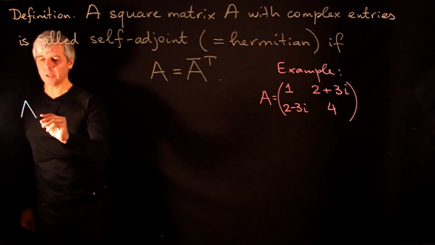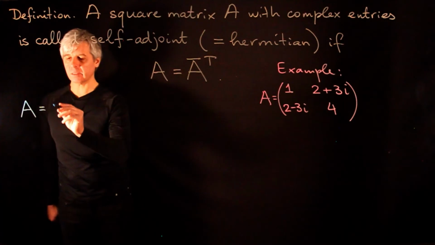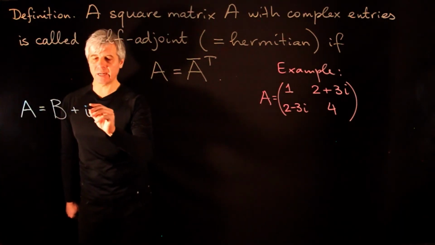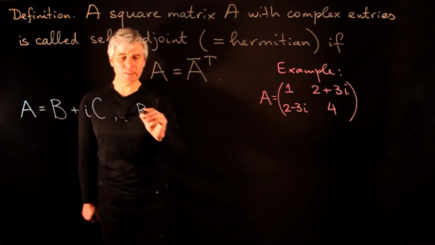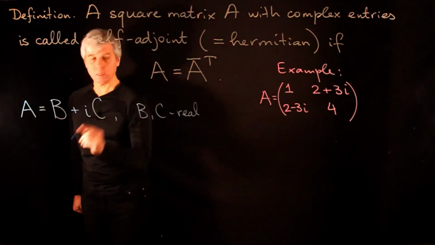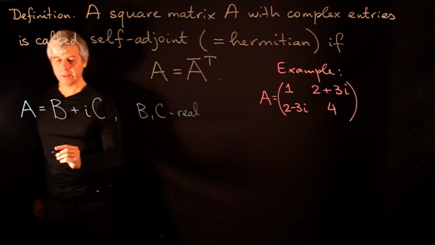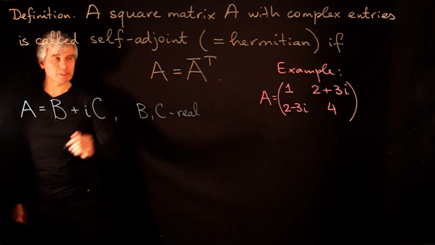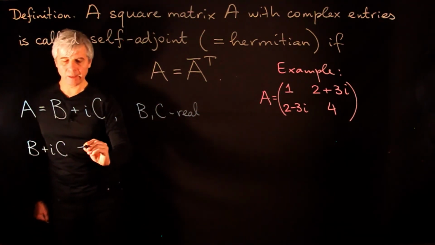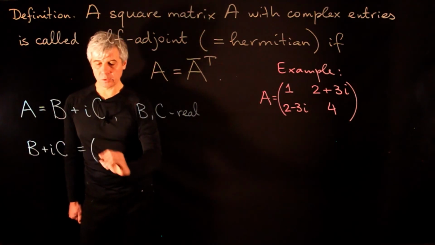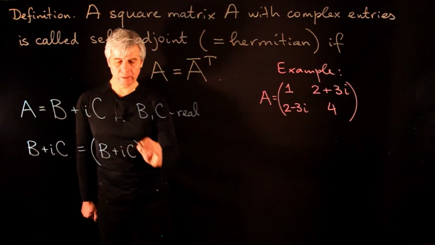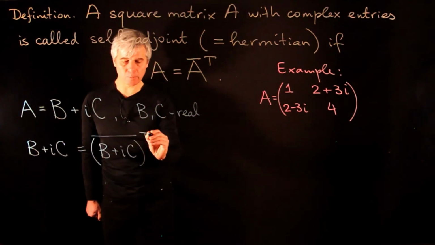Let us take a complex matrix A and consider its real and imaginary parts. So let's write it as B plus iC, where B and C are real matrices. Then, if we take this equality, on the left we will have B plus iC, and on the right we have to take B plus iC, then conjugation and transpose.